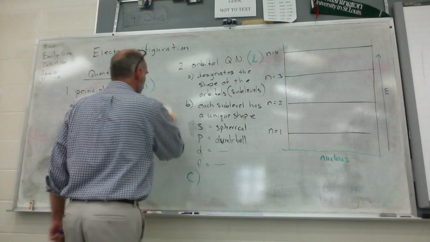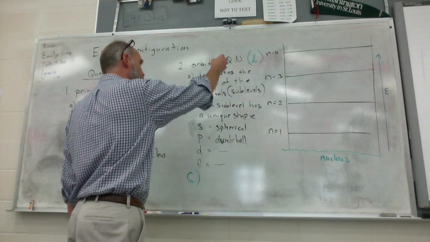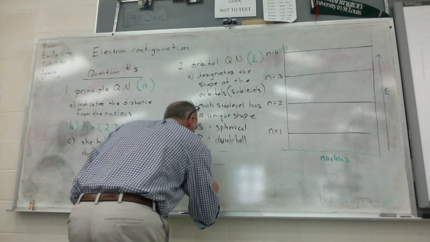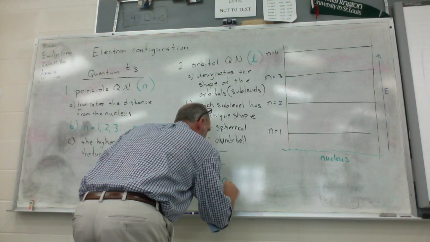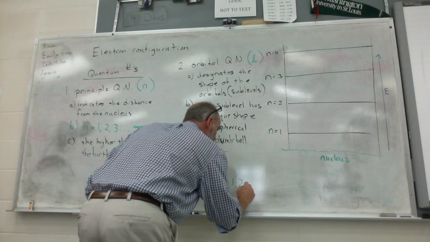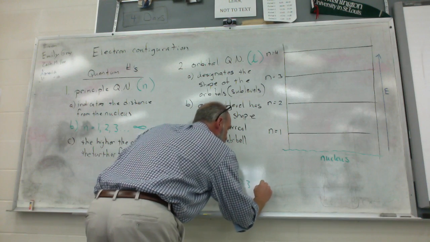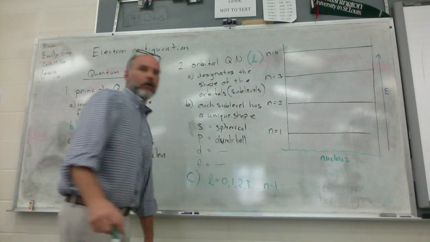The possible values for L, the orbital quantum number, are 0, 1, 2, 3, through n minus 1.